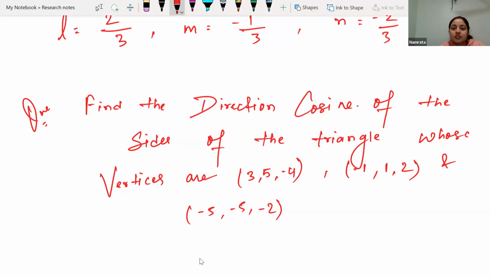So we have to find the direction cosines of the sides of a triangle whose vertices are given over here.